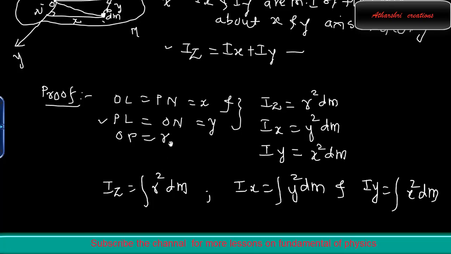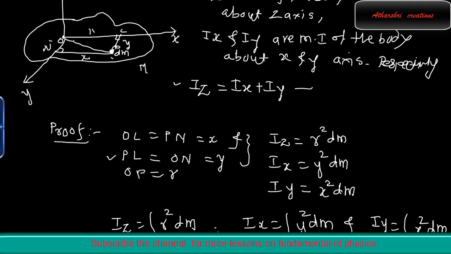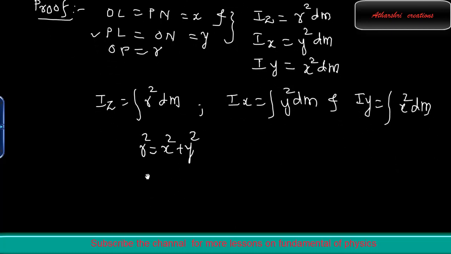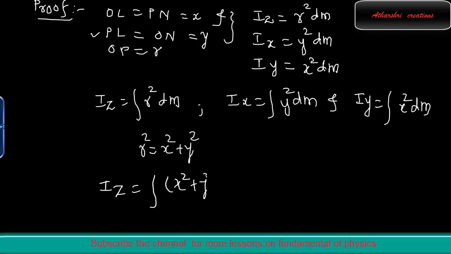Now see, from the figure, for the triangle OPL, this is a right angle triangle. Hence, we can apply the Pythagoras theorem for this triangle. We can write r square equal to x square plus y square. Hence, the above equation becomes Iz equal to integration of x square plus y square into dm.